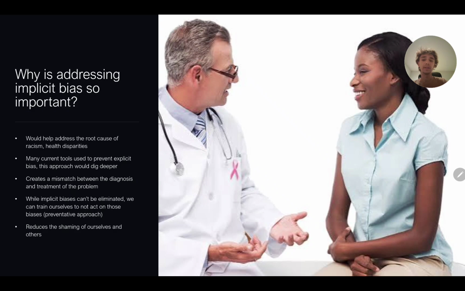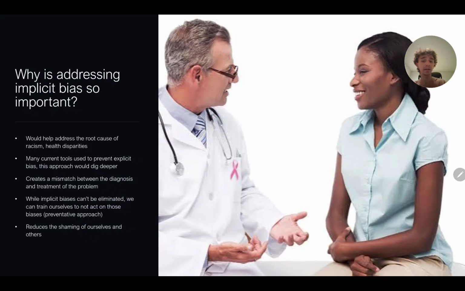And it also creates a mismatch between the diagnosis and the treatment of the problem, because if we are currently focusing on preventing explicit bias when the root cause lies within, then there's a mismatch between the diagnosis and the treatment. And another reason why it's so important to address is because, well, certainly we can't eliminate those implicit biases, but we can train ourselves.